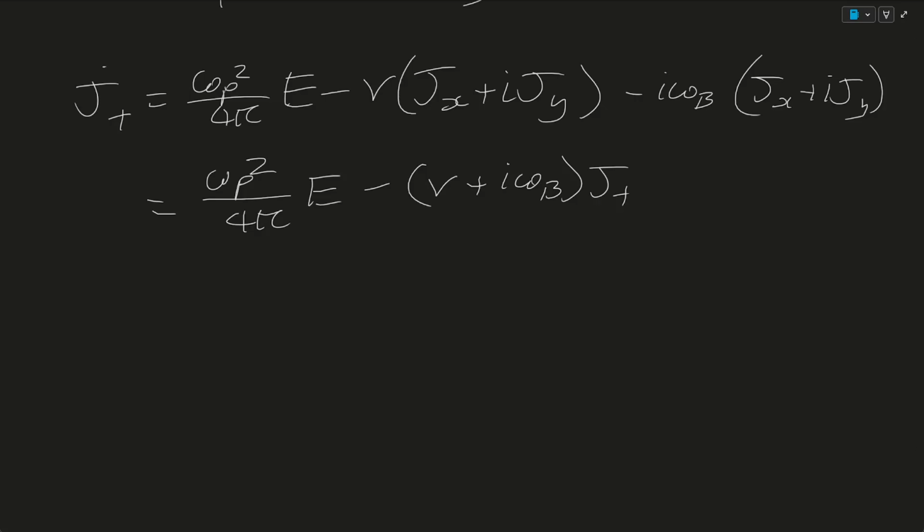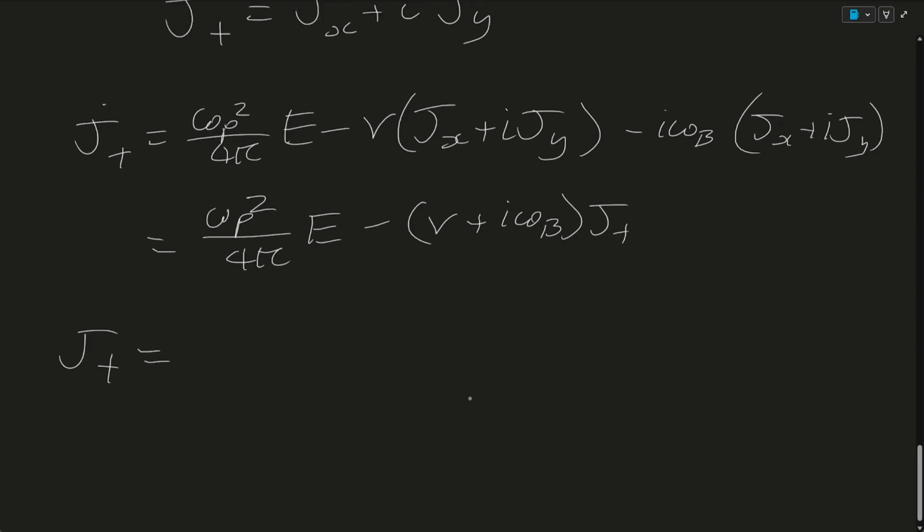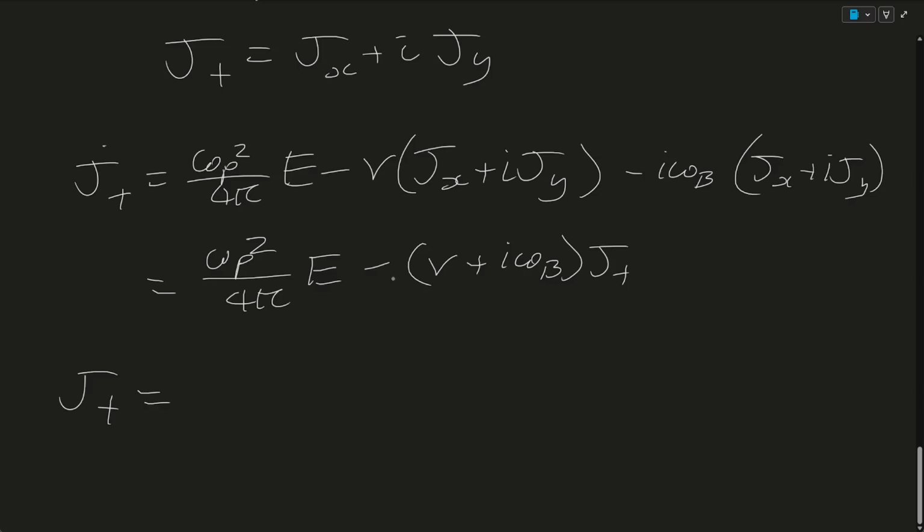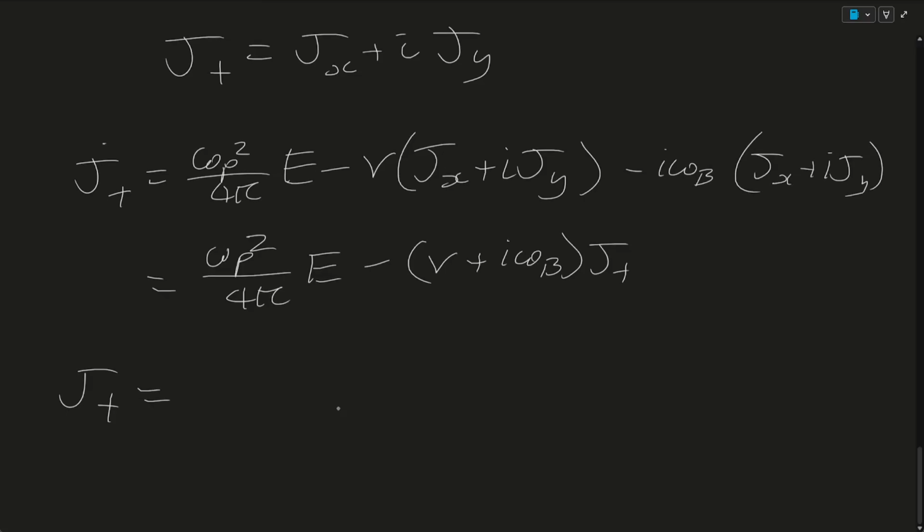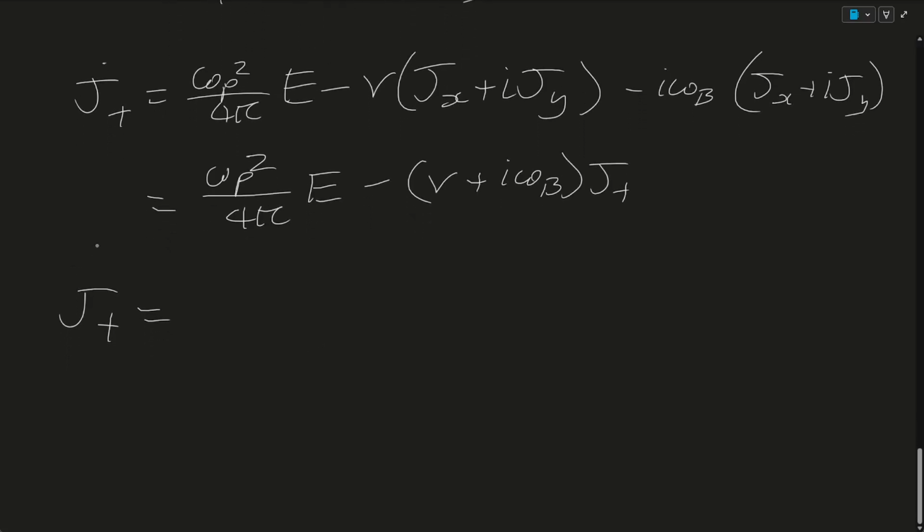And we have a general exponential decay solution that I'm going to pull out of my notes, because I'm not going to solve this with all the coefficients. It would be a pain. This is literally dJ/dt equal to something plus something times J. It's like a y equals mx plus c of differential equations.